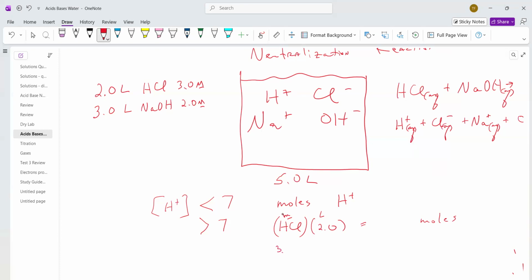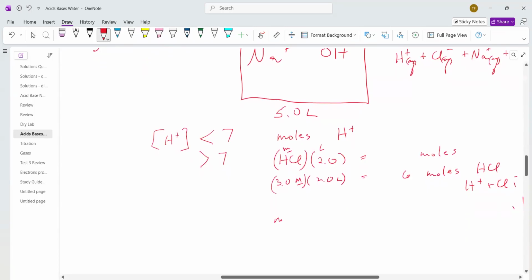So this is 3, this is 2, so that's going to be 6 moles HCl, but it's not HCl, it's H plus and Cl minus. 6 moles of each.